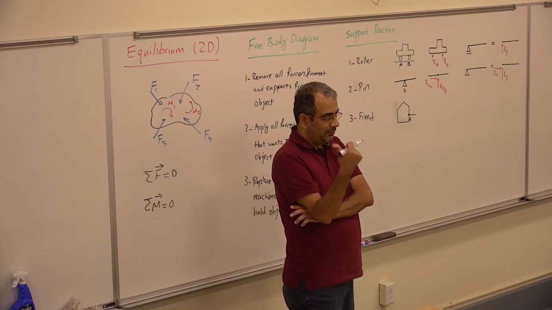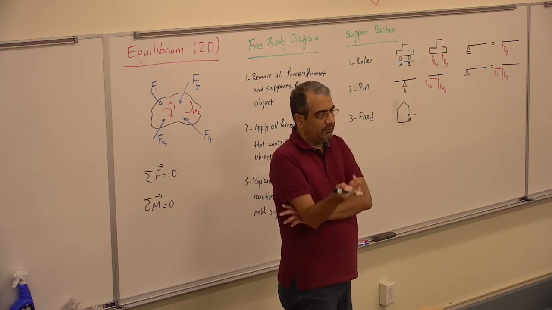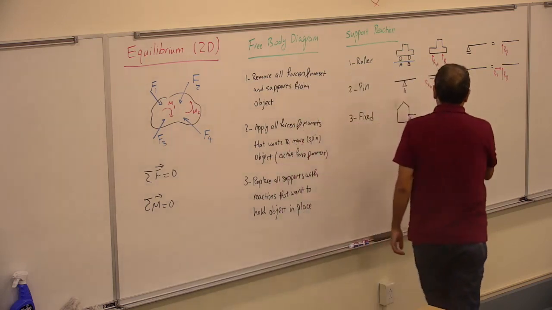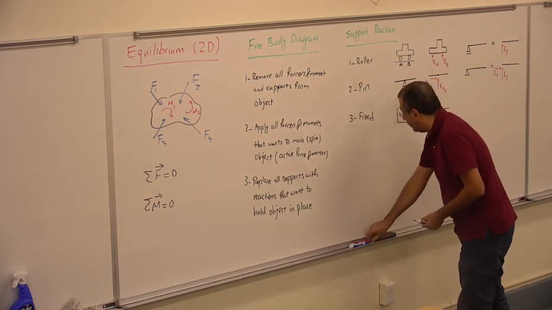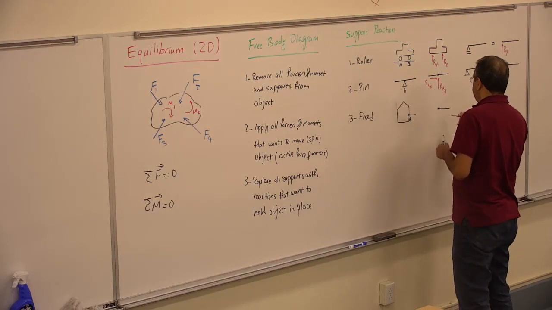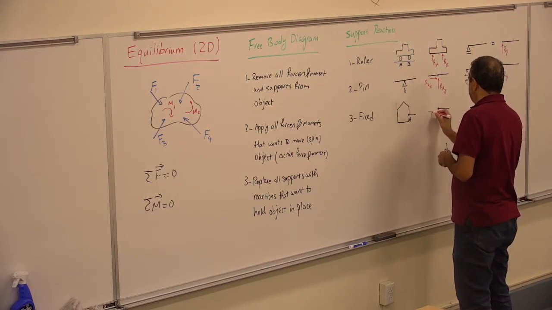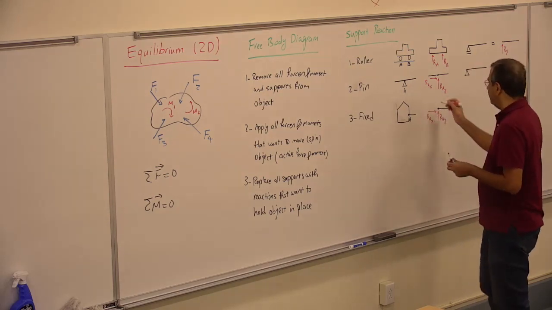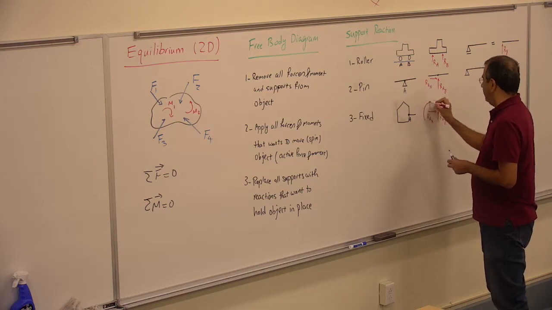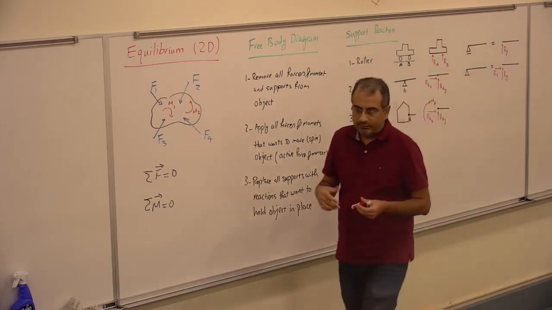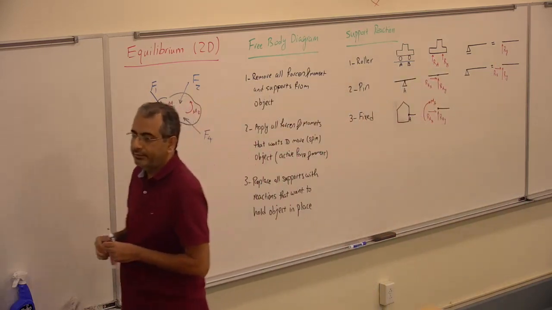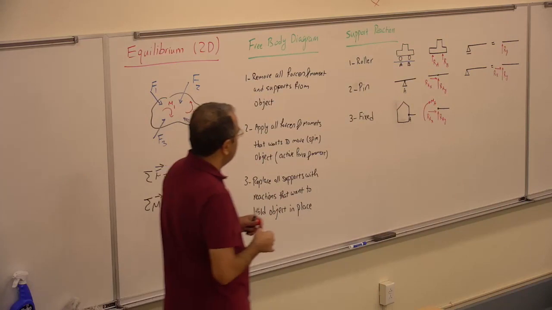Correct? So it doesn't go left or right. It doesn't go up and down. It doesn't spin. So I can keep only the balcony here and say, okay, if I want to have that, I should have one RA in the Y direction, RA in the X direction, and I should have the moment M at A that prevents it from rotation.